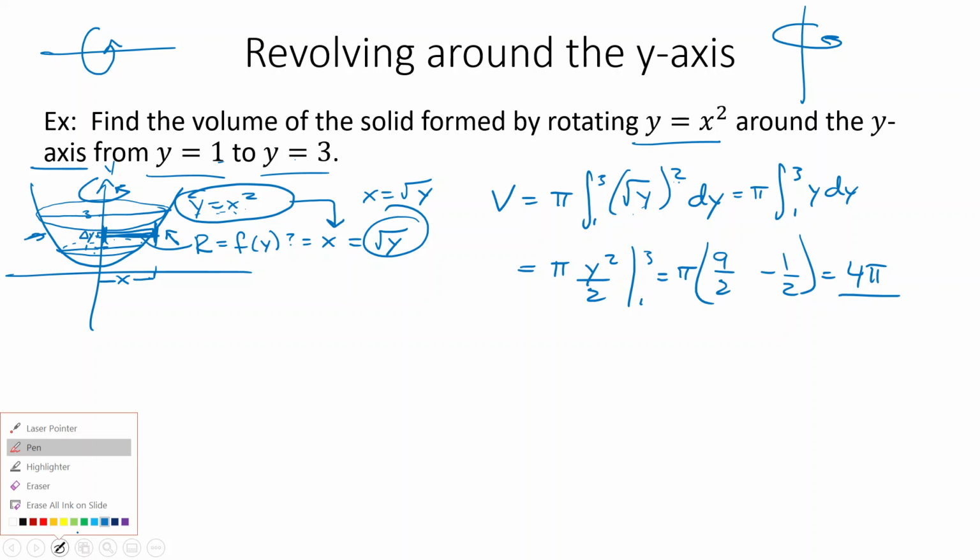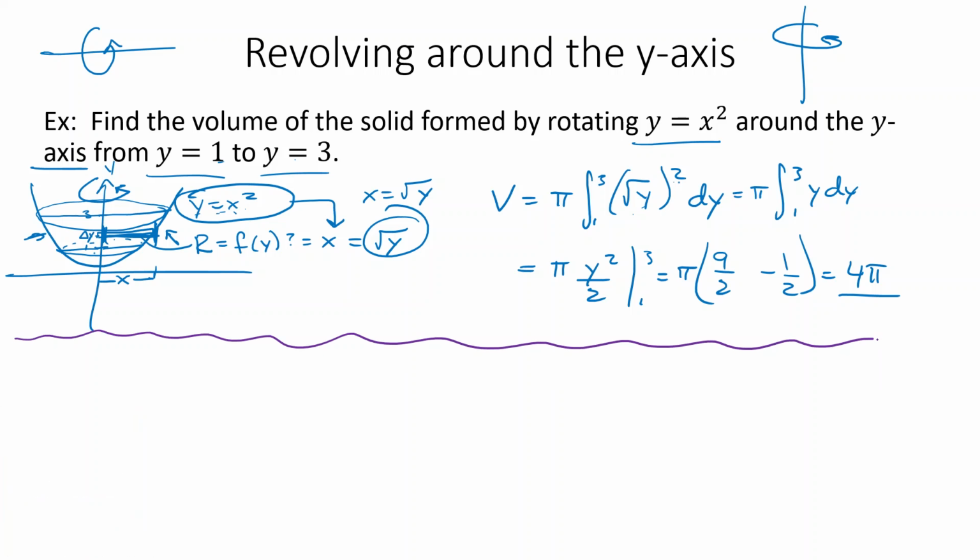Now, if that seemed strange to you, you can switch everything. We could say x equals y squared, and we're going from x equals 1 to x equals 3, and we're going around the x-axis. You can try and do it that way.